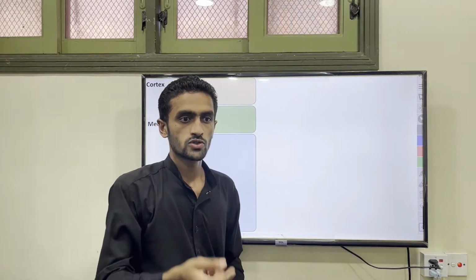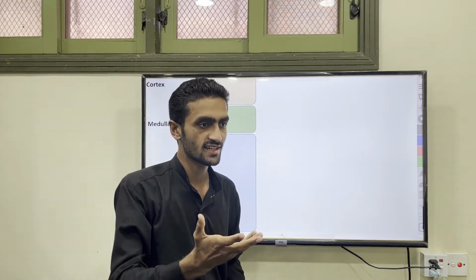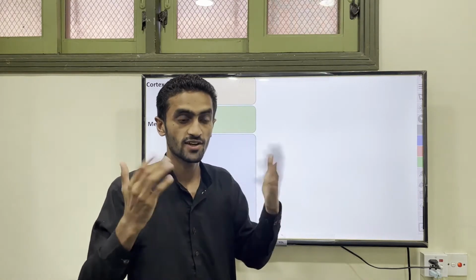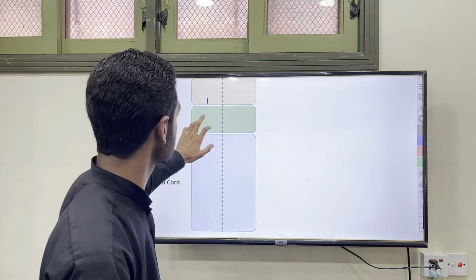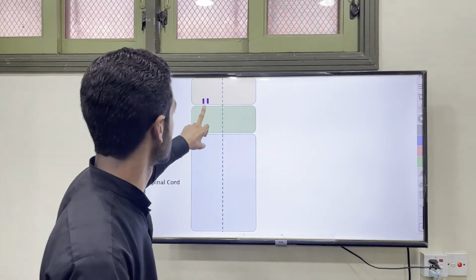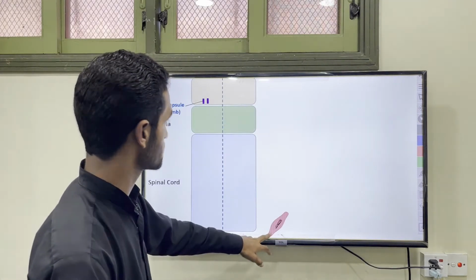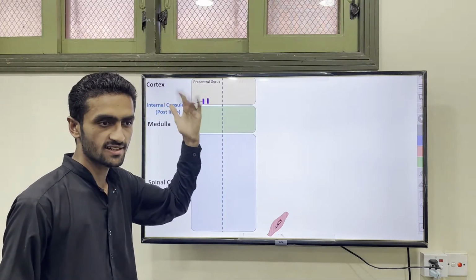Easier? Yes. So what is the center of the motor pathway? Pre-central. Yes. Pre-central for the motor, post-central for the sensory. We have discussed post-central. Now come to the pre-central pathway. This is right and left, and these are the internal capsule. Here, for example, is a muscle, and the signals are coming from the pre-central cortex.